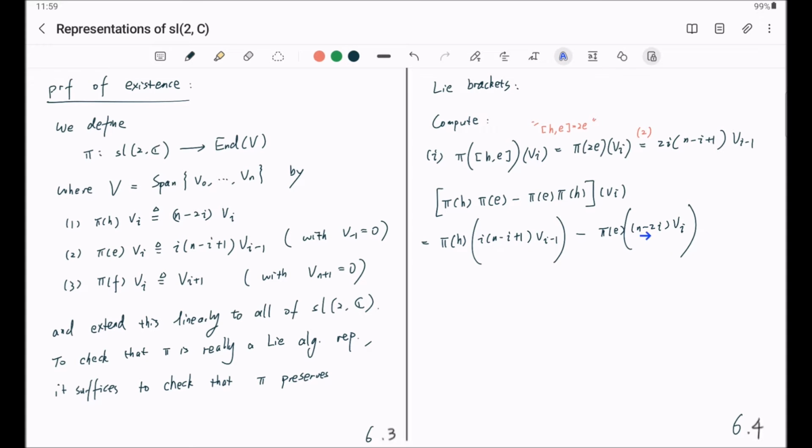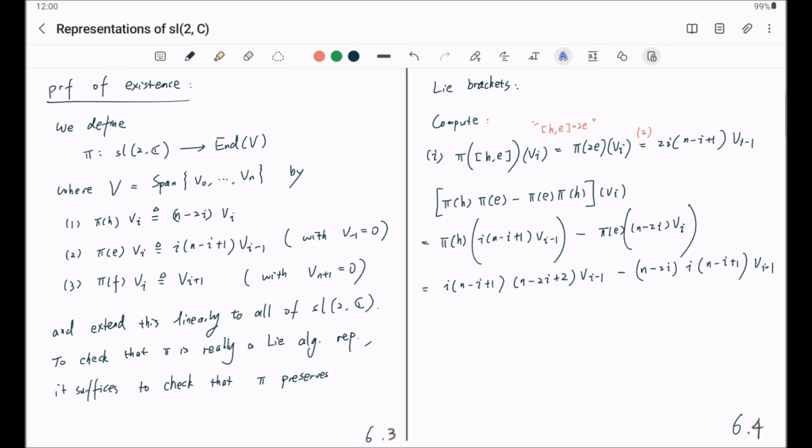And you pull out those coefficients and use these definitions again. So now you get two coefficients for just vi minus 1.